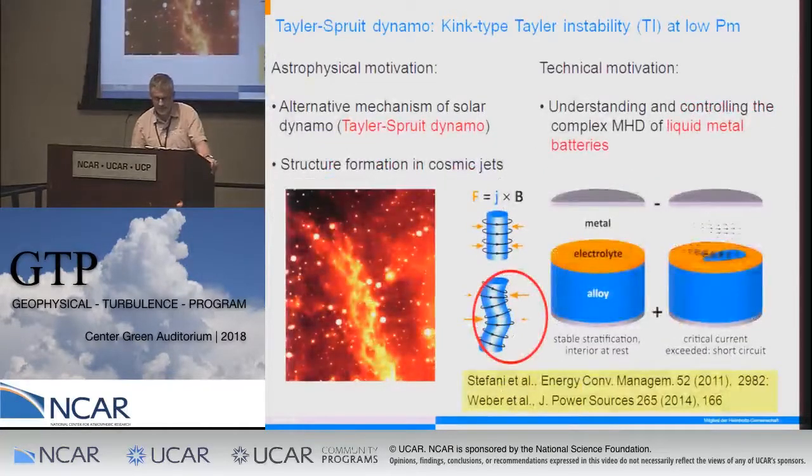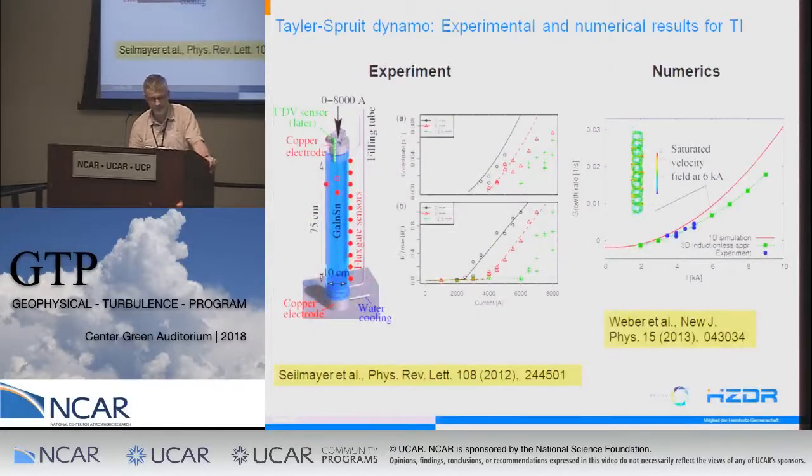Let me come now a little bit to the Taylor instability. I will later speak about the Tayler-Spruit dynamo, but first of all to the Tayler instability. Astrophysical motivation is, of course, Tayler-Spruit dynamo concepts, but also structure formation in cosmic jets. We, as a technical department, are also interested in liquid metal batteries, where Tayler instability might be a limiting process for upscaling of those liquid metal batteries.